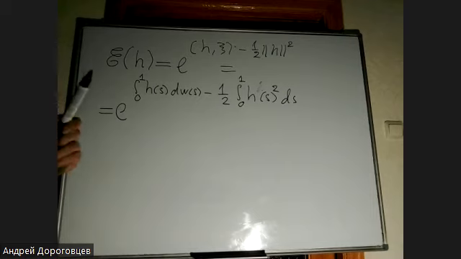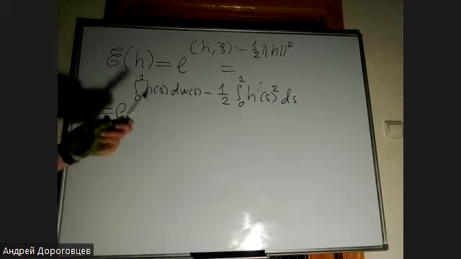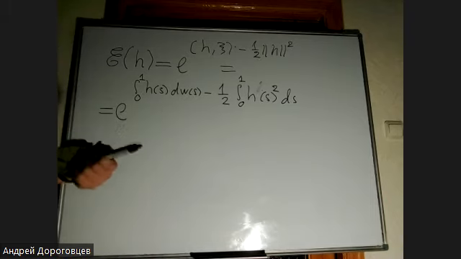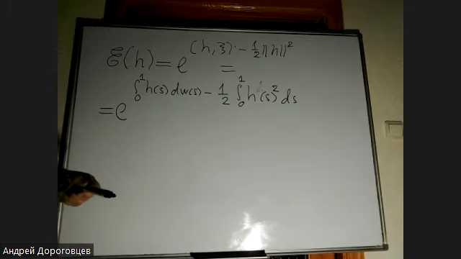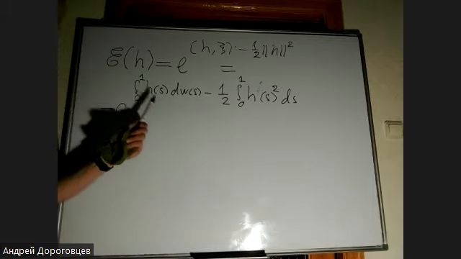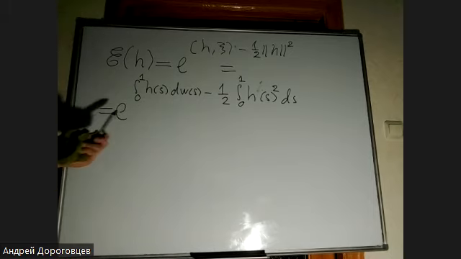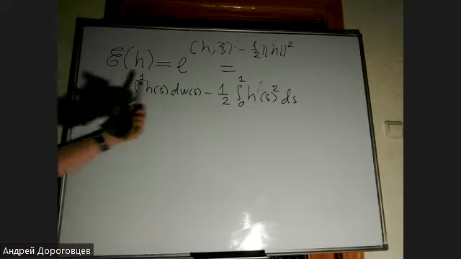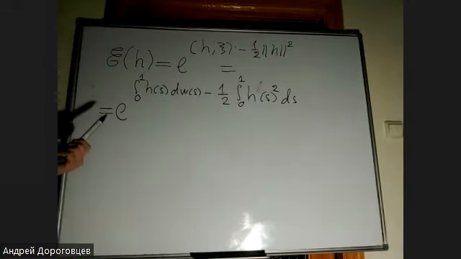And let me emphasize that this is also an Ito stochastic integral because h is now deterministic, and of course it is adapted to any sigma flow. So one can say that here we have an Ito stochastic integral. From this point of view, one can try to apply the Ito formula to this expression in order to get a feeling for what it is.